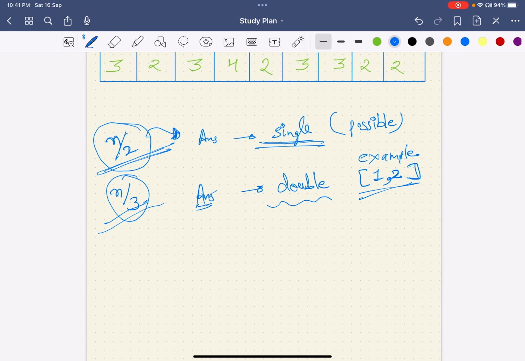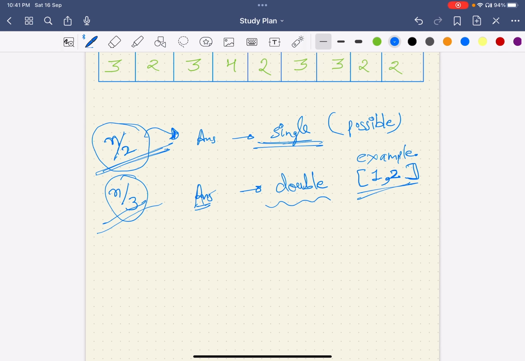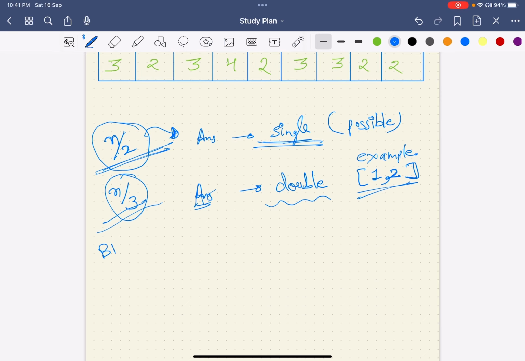Now let's talk about the brute force approach.